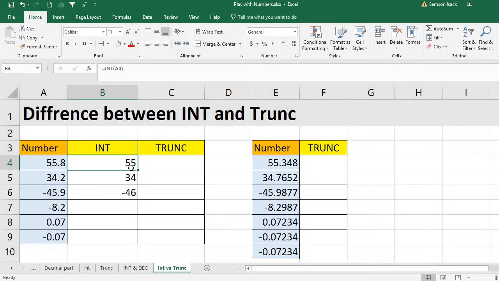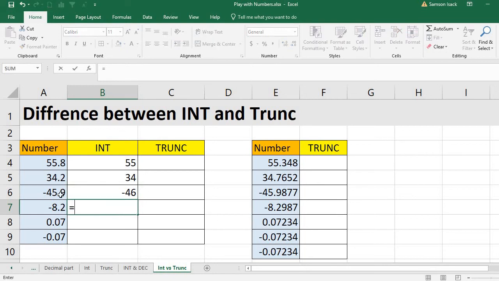For 55.8 that is 55, down to the nearest integer for 34.2 is 34. But for the negative number minus 45.9, down to the nearest integer is minus 46, not minus 45. For positive numbers it gives the integer part. For negative numbers it goes down, it is more negative, minus 46.